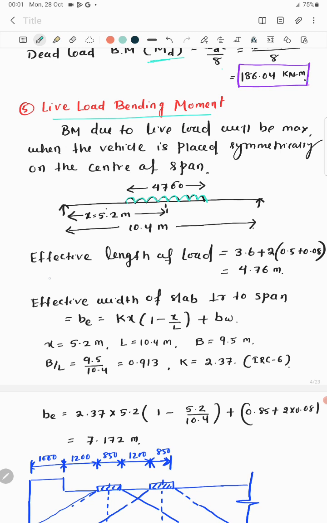Now, to calculate the bending moment due to live load, we need to find out the dispersion of load along both width and length.